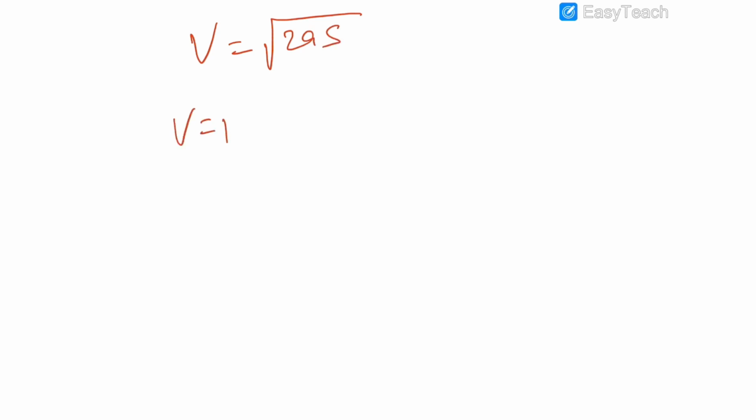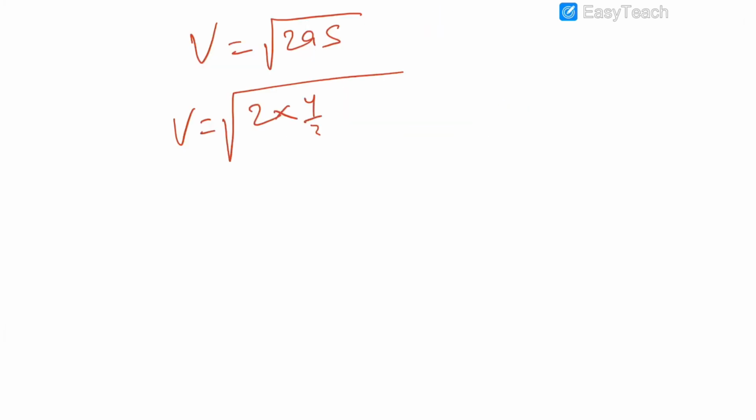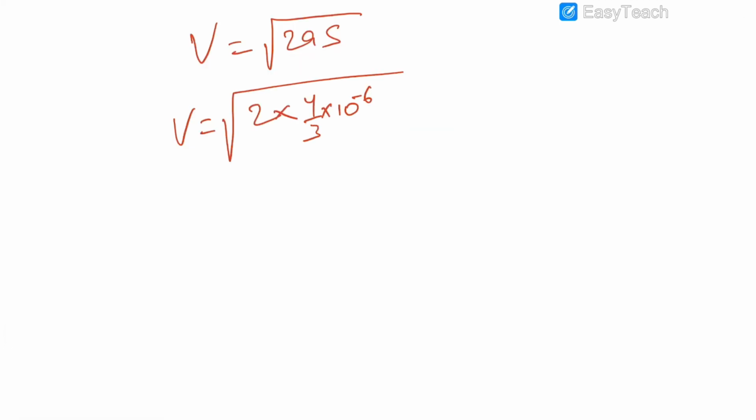So V will be equal to under root of 2 into A, which is 4 by 3 into 10 raised to the power minus 6, and the distance is this one, so this is r by 2, and r is 3 meters. So you can see that cancelling this with this, V will be equal to 2 into 10 raised to the power minus 3.